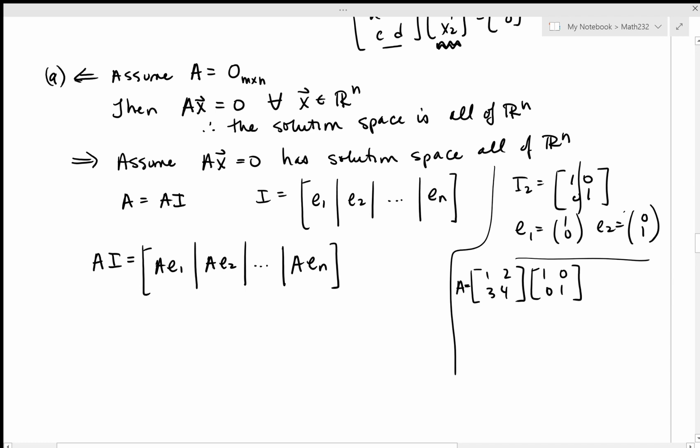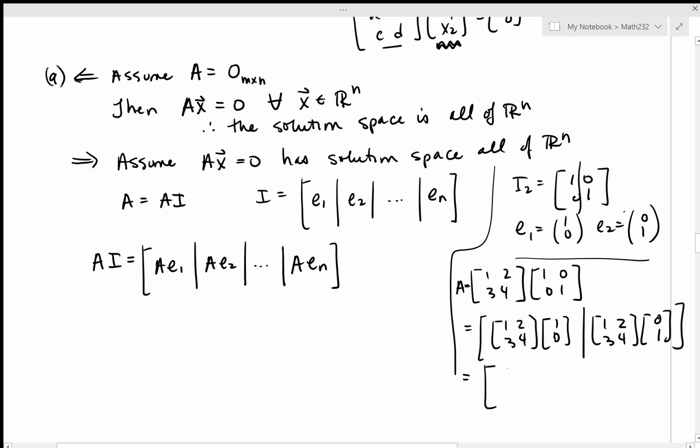There it is. And then I'm claiming that this looks like this. 1, 2, 3, 4 multiplied by 1, 0. And then the second column is going to be 1, 2, 3, 4 multiplied by 0, 1. I'm going to actually perform this multiplication, and I get 1, 3, and then 2, 4.